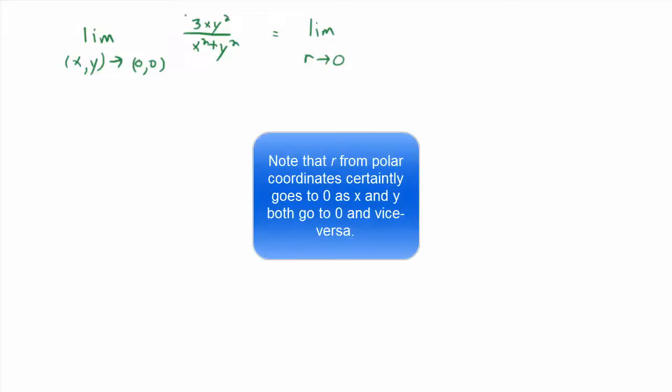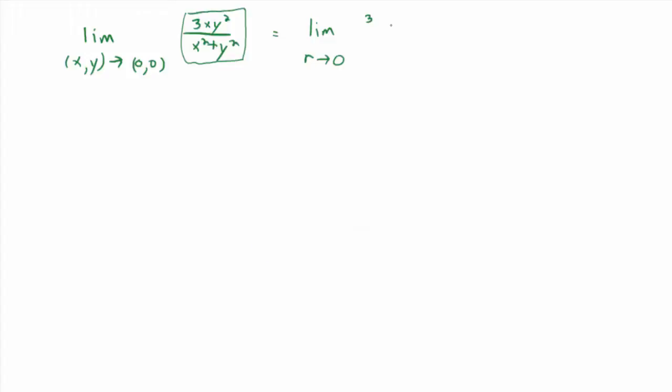Do you remember what x is in polar coordinates? r cosine theta, right? And y is equal to? And we're squaring it, so we get r squared sine squared theta.